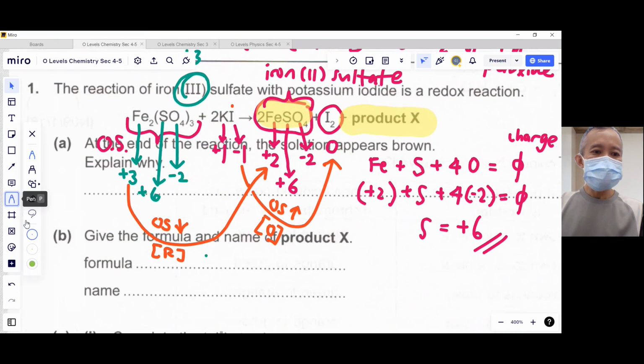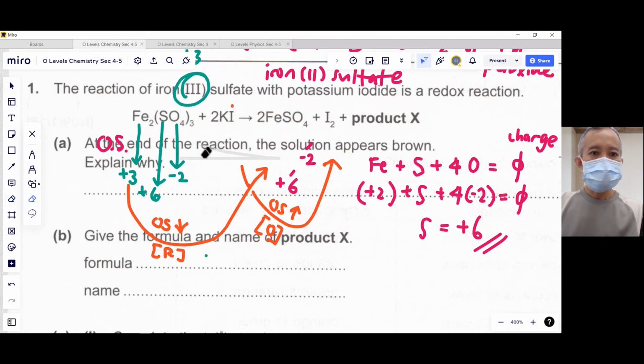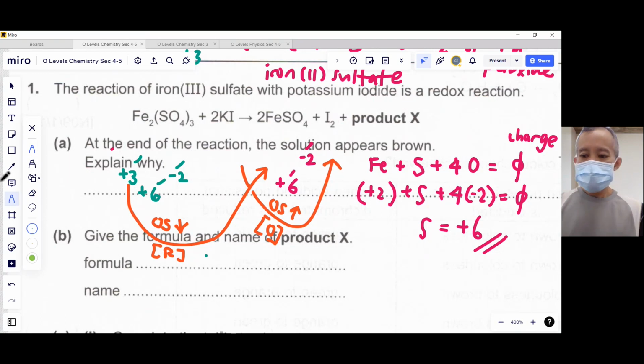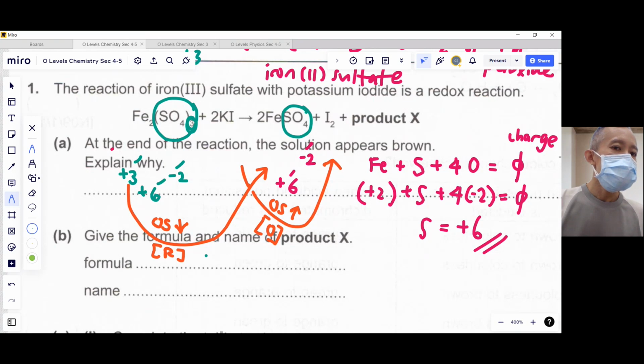Let me clear away the stuff. I have 3 sulfate here, 3. How many do I have over here? 1 times 2. So there's a missing sulfate.